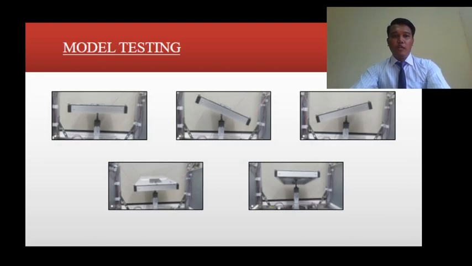So for model testing, after the overall section has been completely installed, the 2 degrees of freedom movement of the platform with no load has been measured. The result must have 2 degrees of freedom movement, which is 2 positions on the X axis and 2 positions on the Y axis.